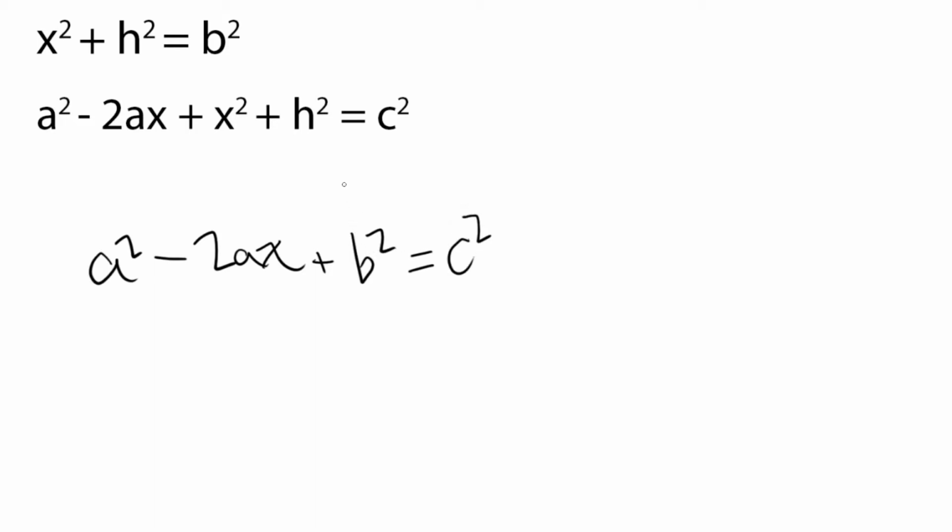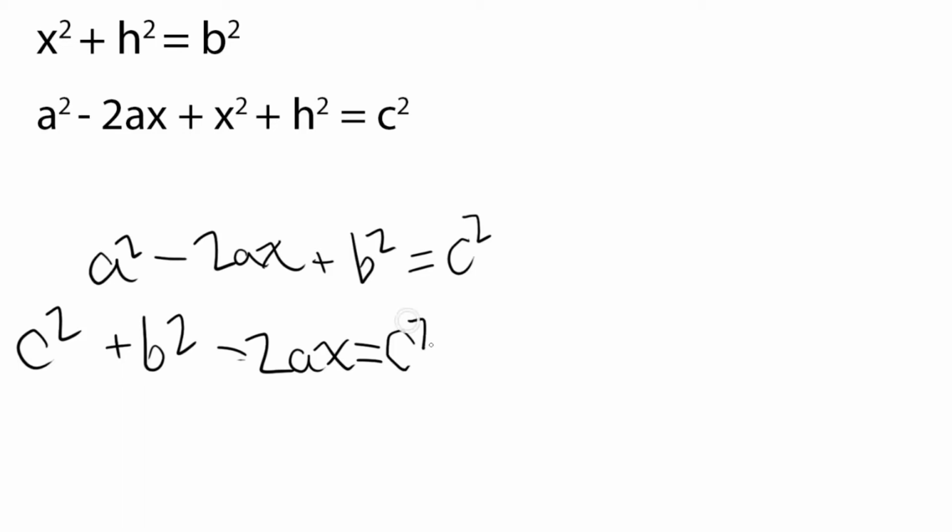If we write this out again to make it look a little more similar, we can write it as a squared plus b squared minus 2ax equals c squared. So now our equation is getting there. It looks almost just like the actual equation, but we still need this cosine, and I'll talk about that now.